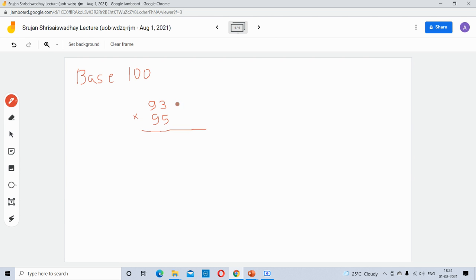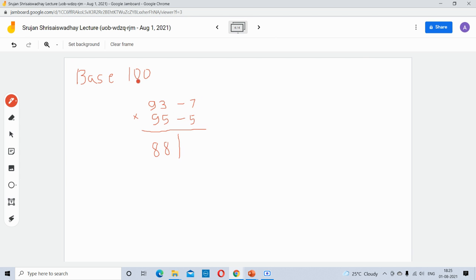So this is less 7 and this is less 5. Now you put a difference over here. So this is less than, that's why it is minus minus. So 95 minus 7 or 93 minus 5, that comes out to be 88.